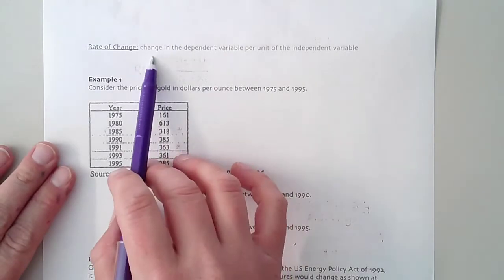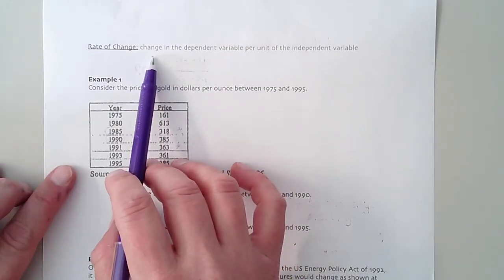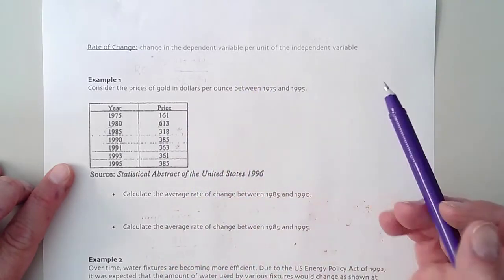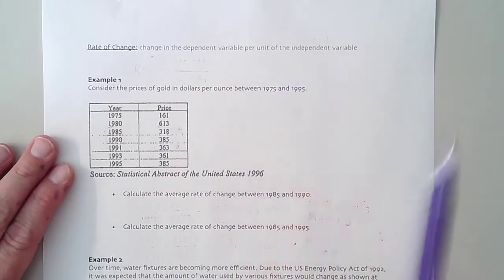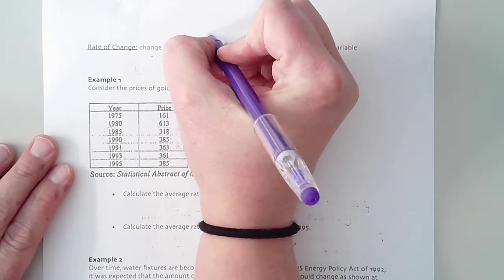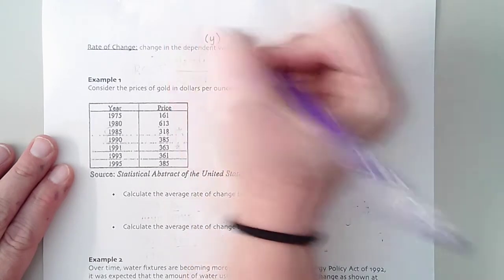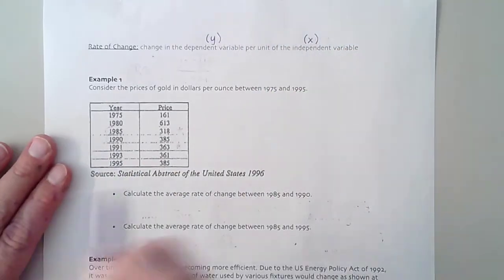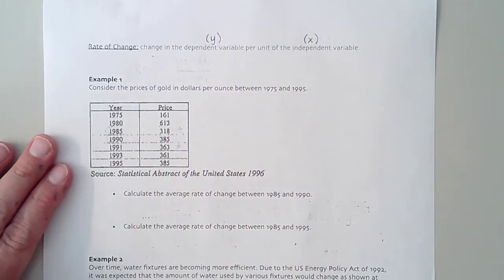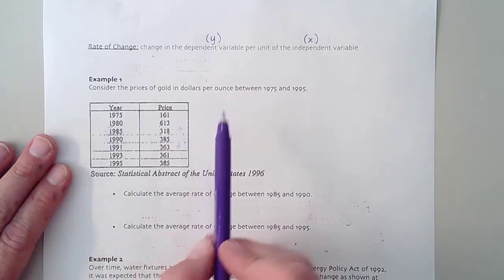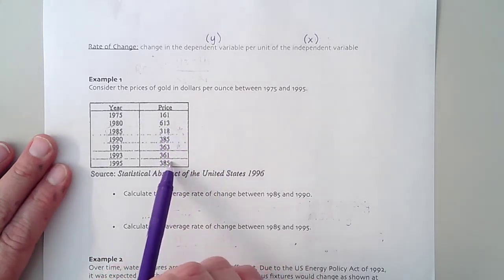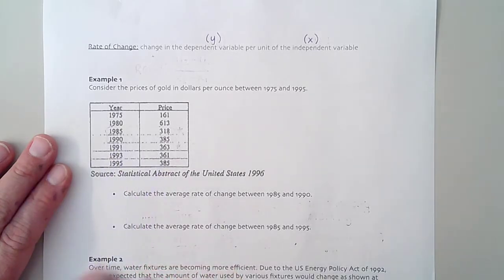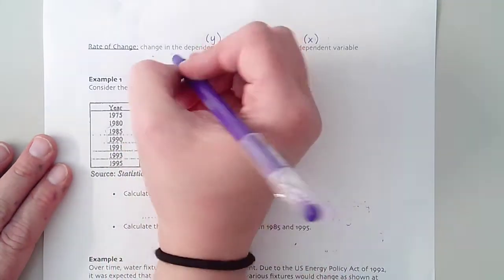The definition for rate of change is change in the dependent variable compared to one unit of change of the independent variable. Just to remind you, the dependent variable we typically call y, and the independent variable we typically call x. So the change in the dependent variable means I'm picking two values of the dependent variable and finding the difference between them.